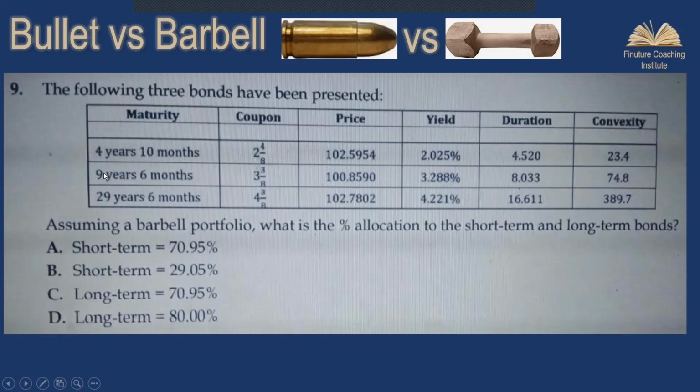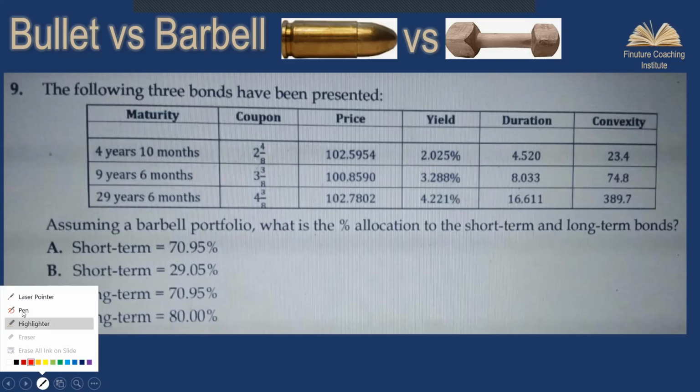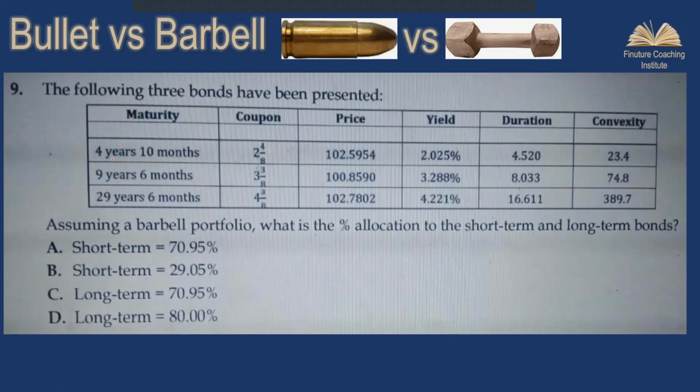The one with the maturity in the middle, if the investor is investing in this particular bond, which is between 4 years and approximately 29 years, then this is called a bullet strategy.